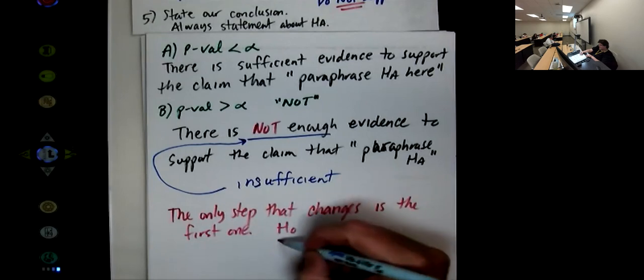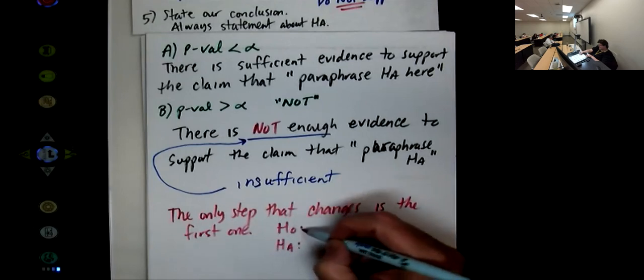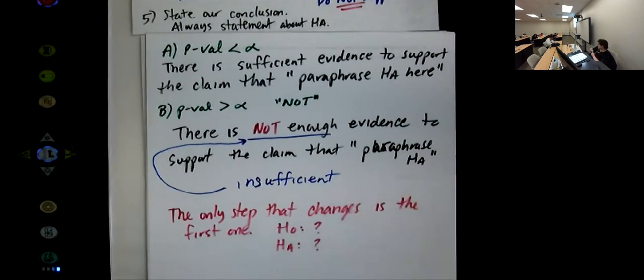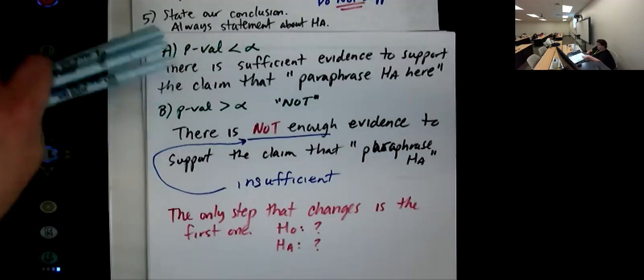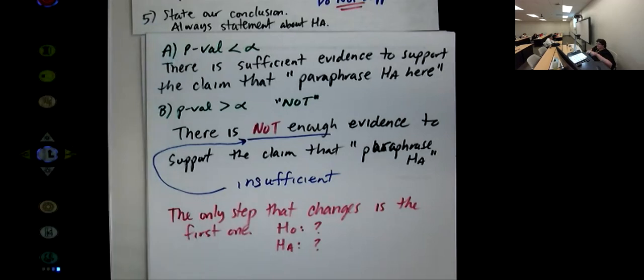H naught and HA can be drastically different, as we will see. But after that, you need to plug it in StatCrunch. Get the results there. You're going to compare the p-value and the alpha. You're going to make this decision, and you're going to make a statement about HA.